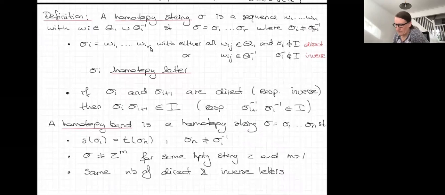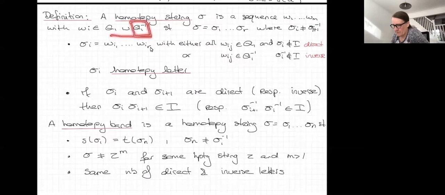So a homotopy string is a sequence of arrows and inverse arrows, where we take formal inverses of the arrows, such that we can rewrite the sequence as a sequence of subwords where each sigma i is called a homotopy letter, and a homotopy letter is a sequence of direct arrows or a sequence of inverse arrows.